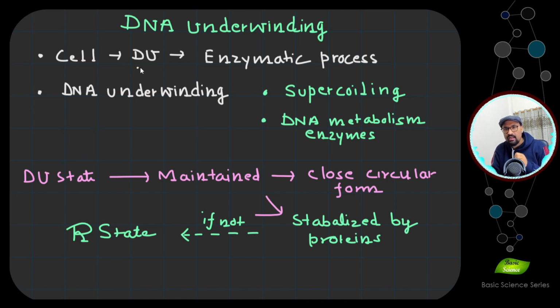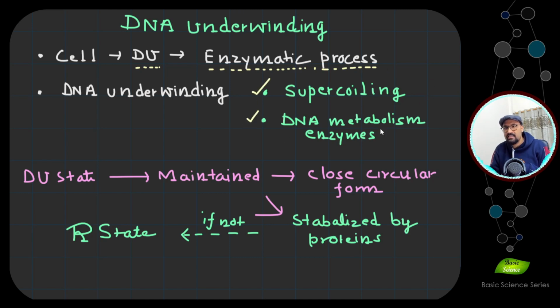In the cell, when the DNA underwinding is happening, various enzymes are involved in that particular process, and there is a significance of that process. I already told you the information needs to be accessed, so that is why DNA underwinding is important. Next, DNA underwinding can lead to supercoiling, that we already talked about.